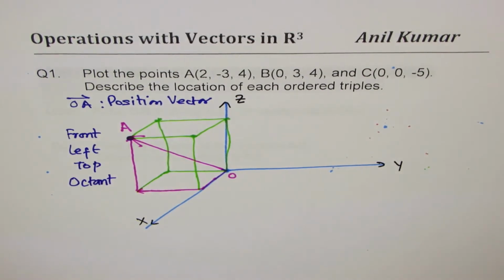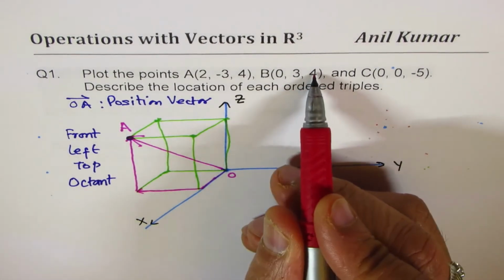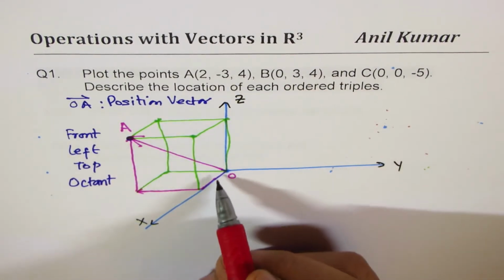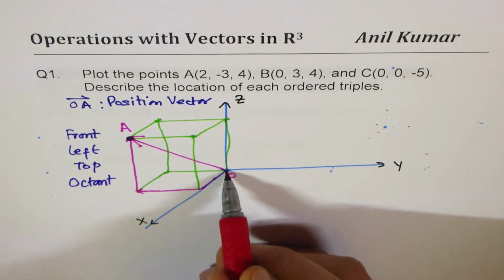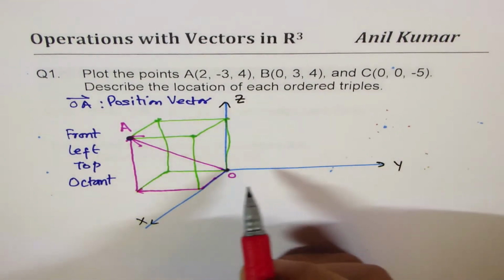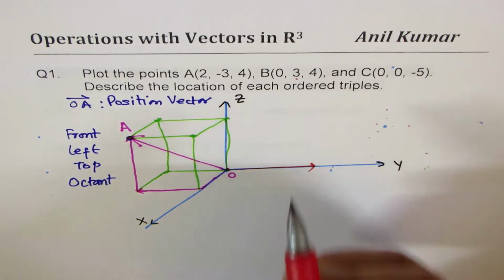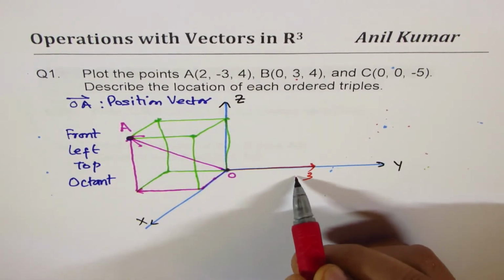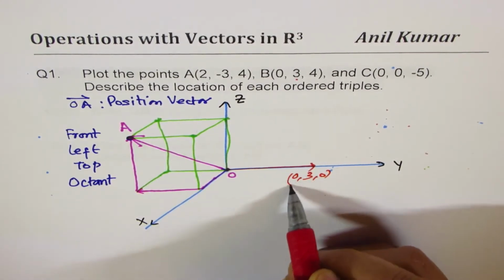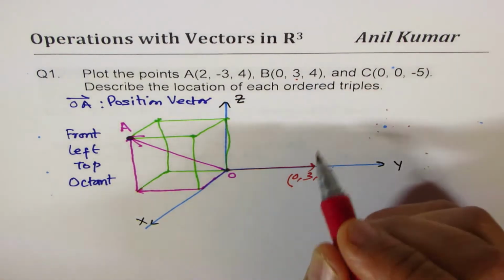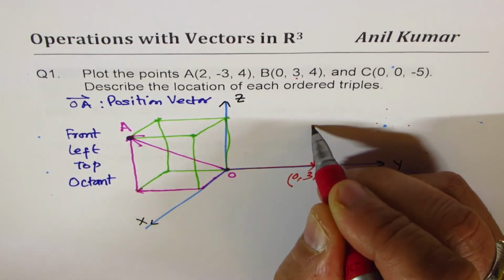Now let us look into the second and third, points B and C. Point B is (0, 3, 4). That means you're not moving along the x-axis at all. You are still at the origin. 3 units, 1, 2, 3, let's say that is along y, right? So this is 3. So I should say (0, 3, 0). Then 4 units up.